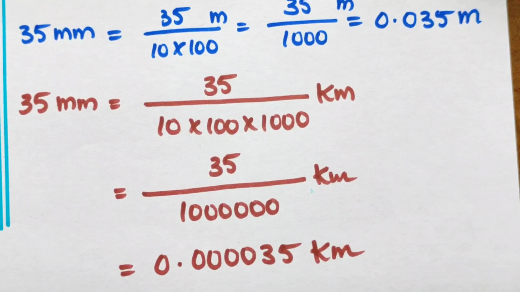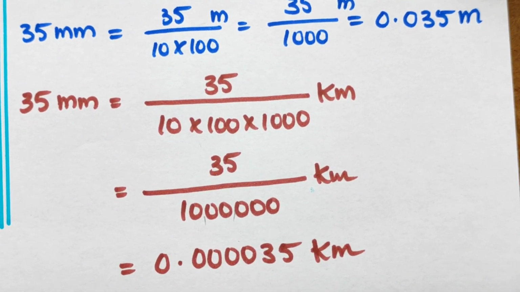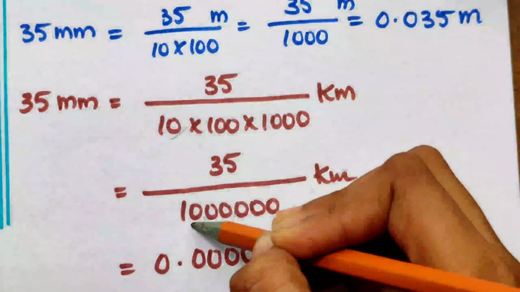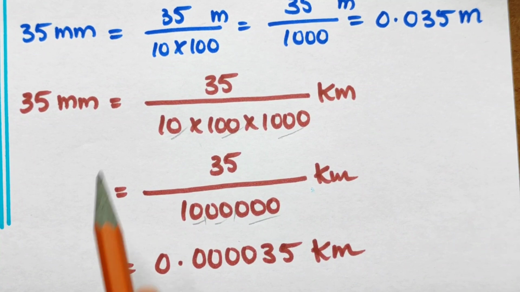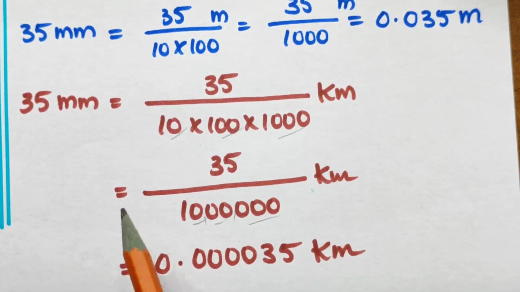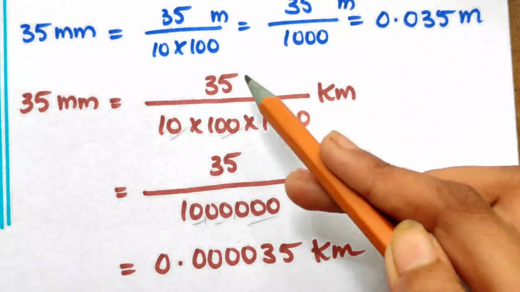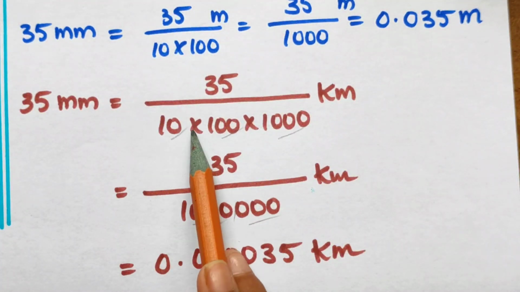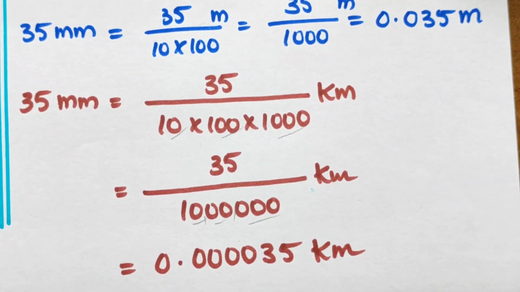Then 1000 times 1000 is 10 lakh. So here let us write 1, then these 2 zeros, these 3 zeros. So 10 into 100 into 1000 is equal to 10 lakh. So 35 millimeter is equal to 35 by 10 lakh kilometer.